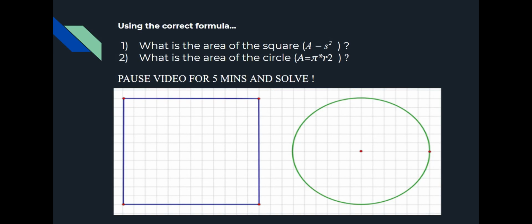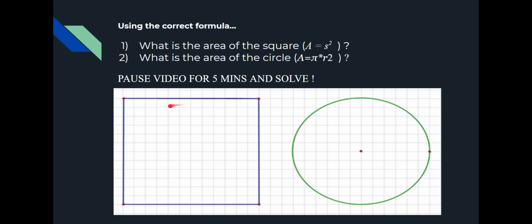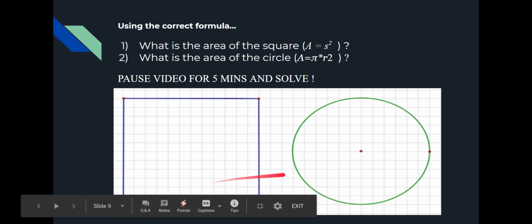Here is the square, and here is the circle. Each side of the square is 12 centimeters long. When I say sides, I mean this side is 12, this side is 12, this side is 12, and the bottom is 12.